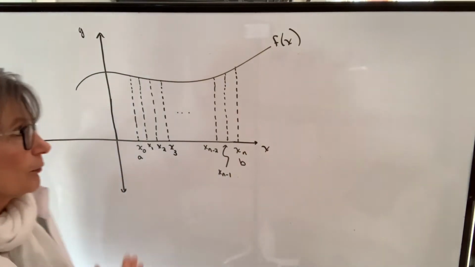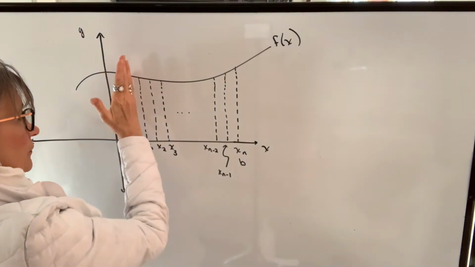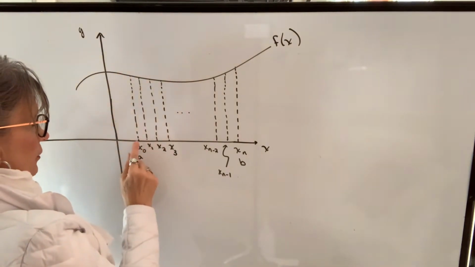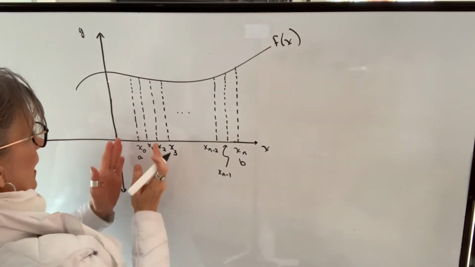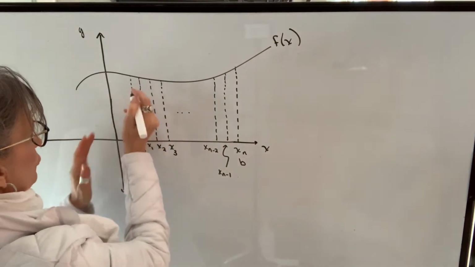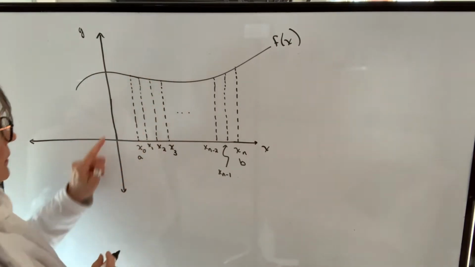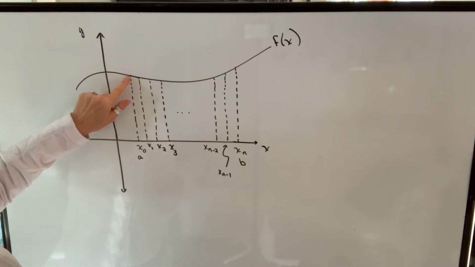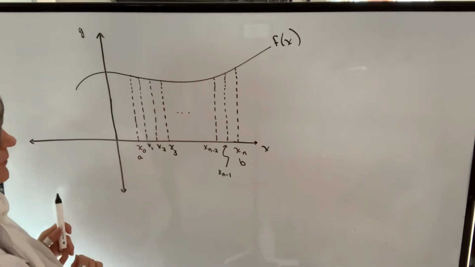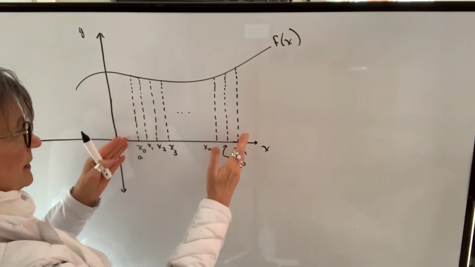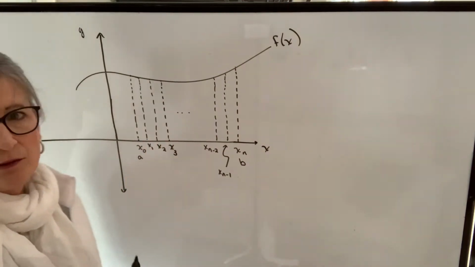If we were to take a random curve, f of x, and if we were to drop down perpendicular lines from that curve to the x-axis, and then if I were to draw a straight line from the y value of one point to the y value of the next point, I will have formed a trapezoid. And I can split this into n trapezoids, where n can be any number.